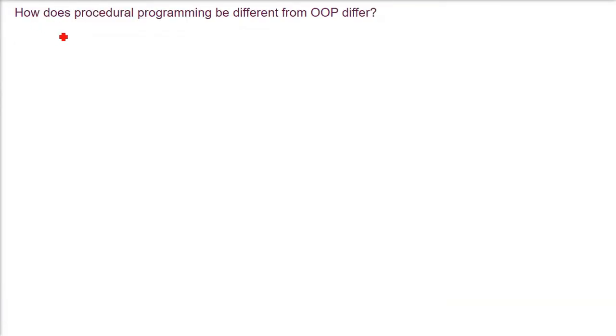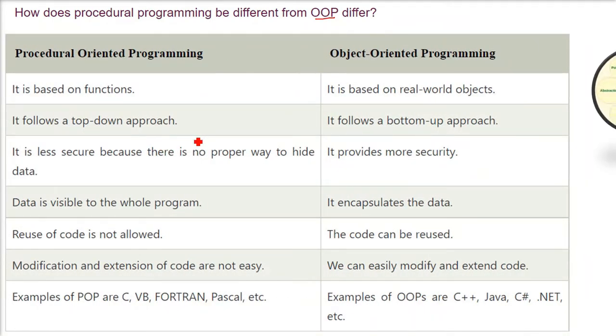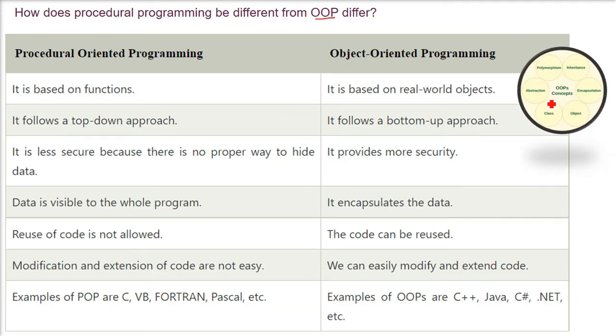How is procedural programming language different from object-oriented programming? So the procedural programming, functional programming, or the structured programming, how is it differing from OOPs? The first thing is that these are the concepts on which object-oriented programming is based.